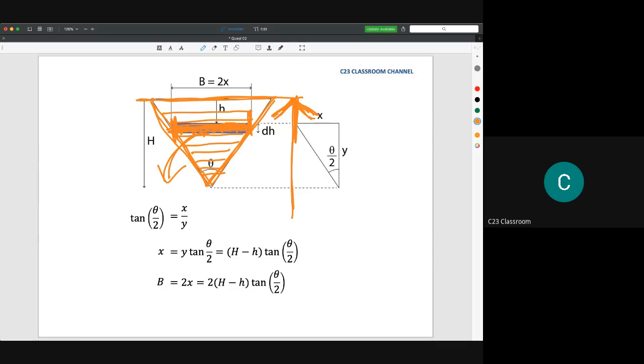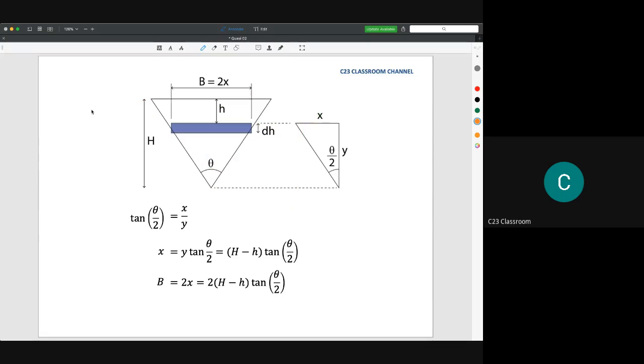Okay, so now I would like to show you how to derive the flow rate of the triangular weir. So let's say we have a triangular weir, a triangle area like this. And to simplify our calculation, we have an area here, a very small area.